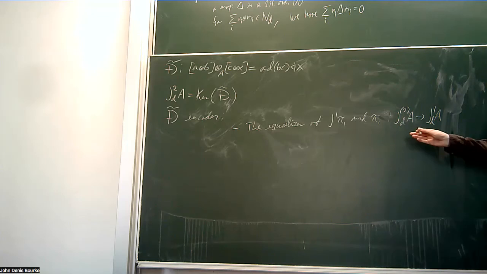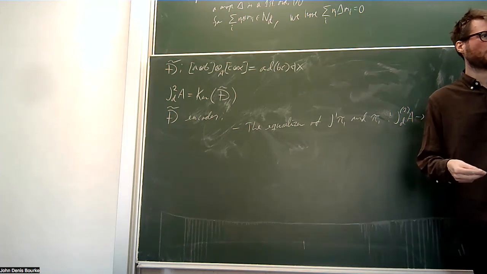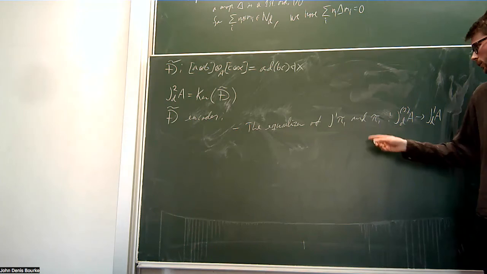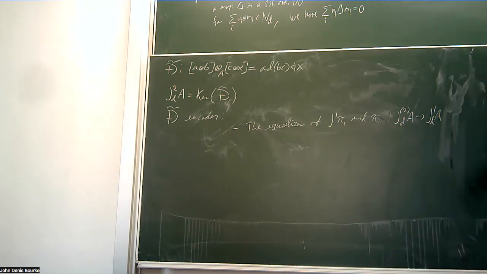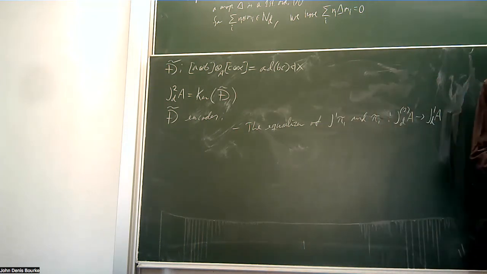So if you have two different projections going from the iterated two jets to the one jets, one is the jet lift of the projection. We get this by just jetting the whole first jet exact sequence, and the second one is the more standard projection that just comes from the jet exact sequence of the one jet. And these coincide on the kernel of the theorem. That's also a theorem in classical differential geometry.